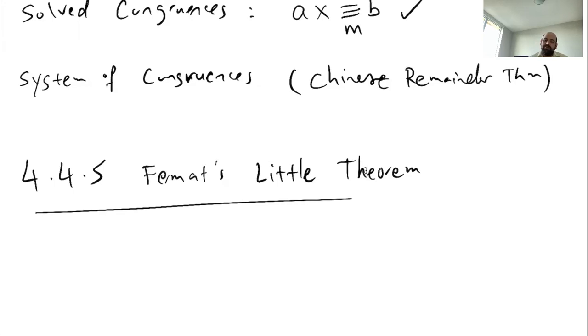And another Fermat theorem, maybe you have heard about it, is called Fermat's last theorem. So Fermat's last theorem was one of the most complicated unsolved mathematical problems, not just in number theory, but in the whole of mathematics.